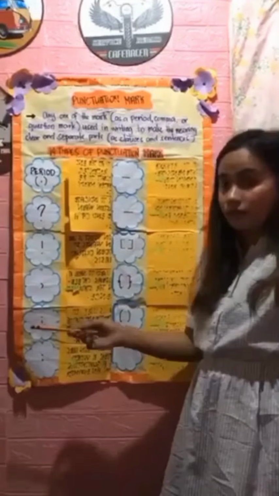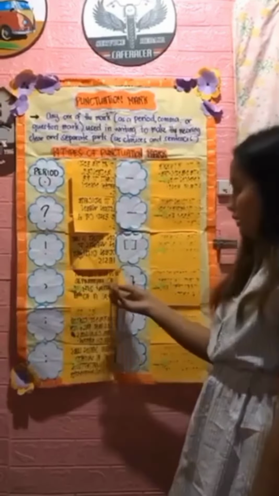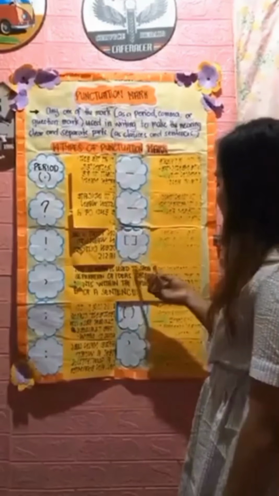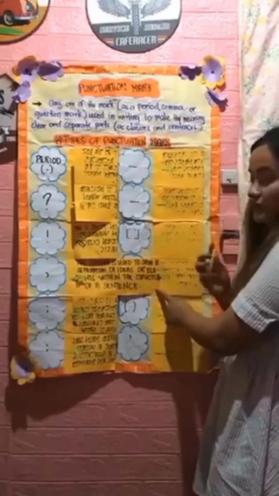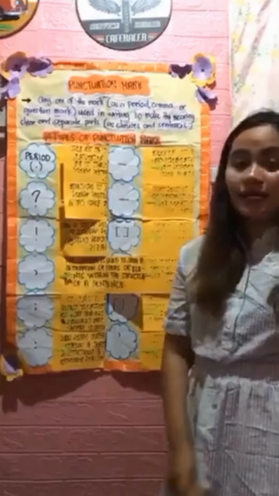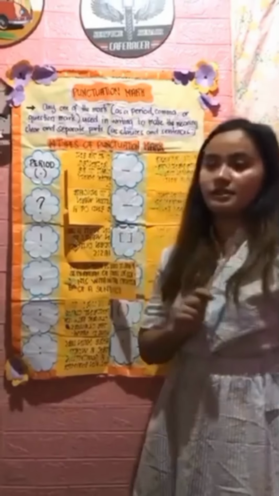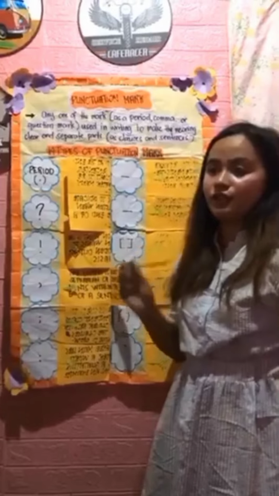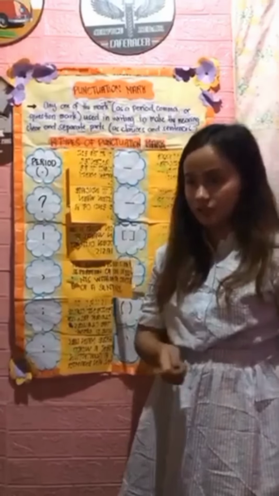The fourth type of punctuation mark is the comma. What is a comma? The comma is used to show a separation of ideas or elements within the structure of a sentence. A comma is used to separate independent clauses when they are joined by any of the 7 coordinating conjunctions.